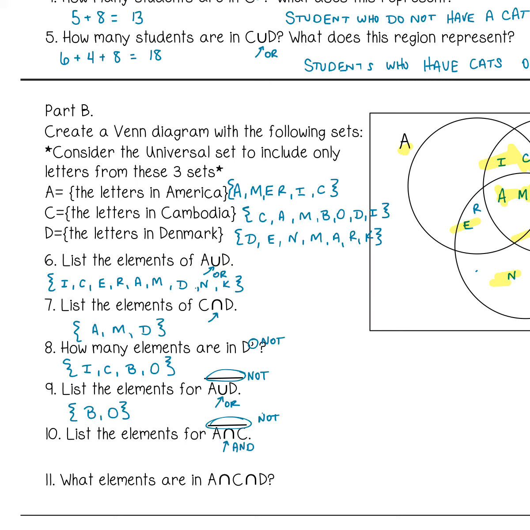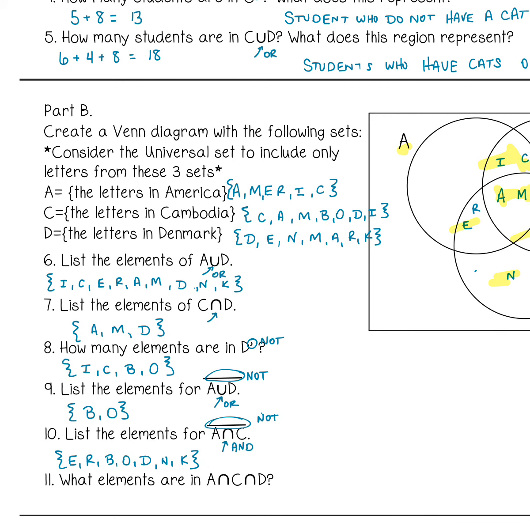So we've got E, R, B, O, D, N, K. And then the last one, what elements are in A and C and D? Who's in all three? There's only one set, and that would be the letters A and M.